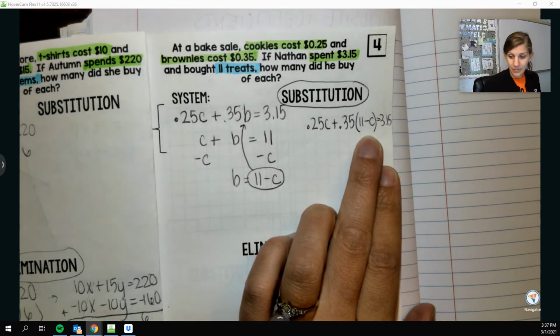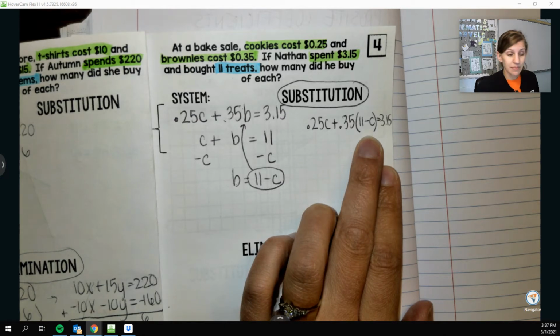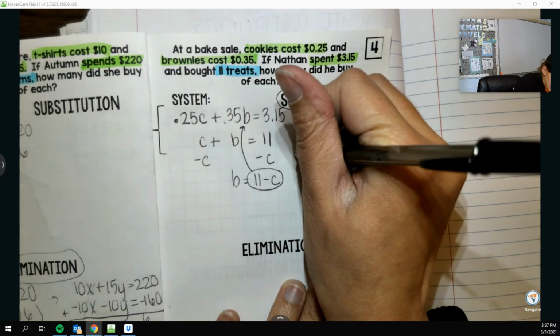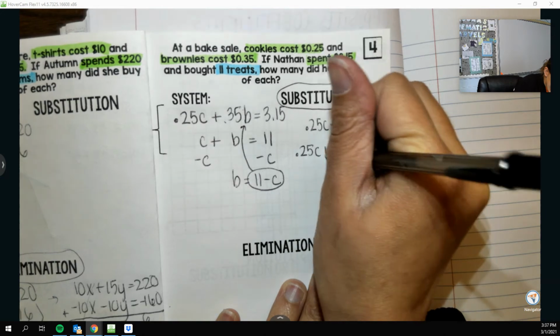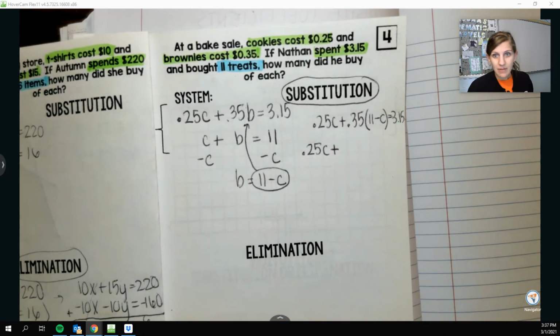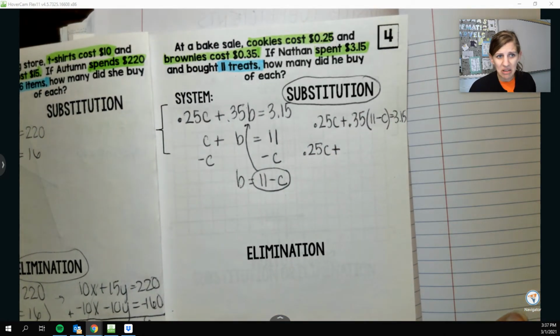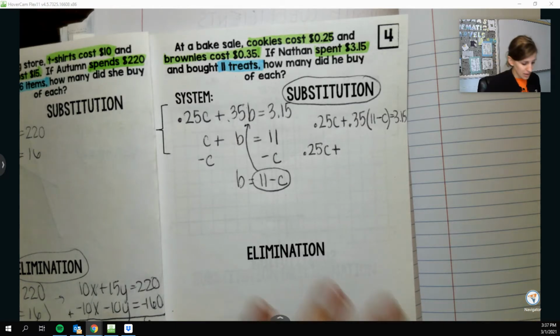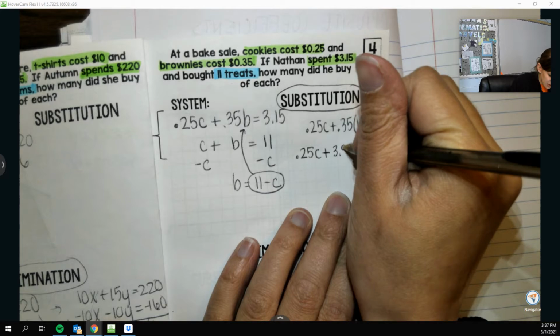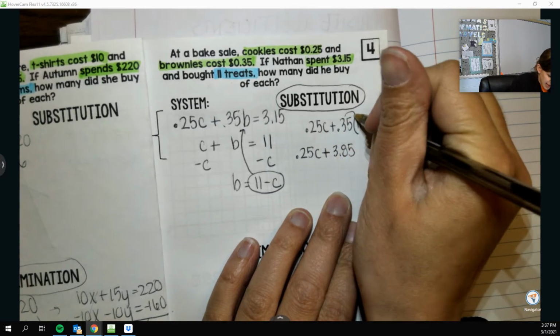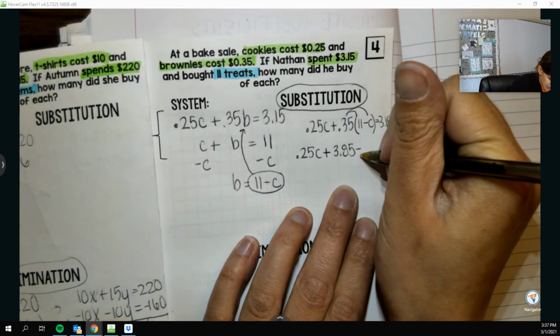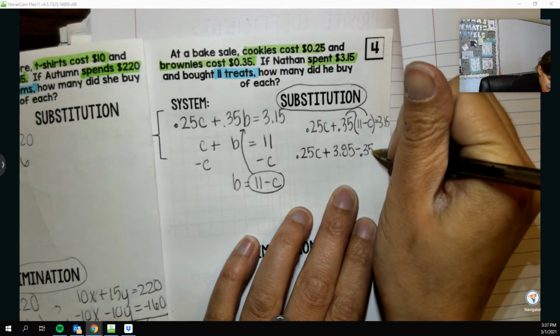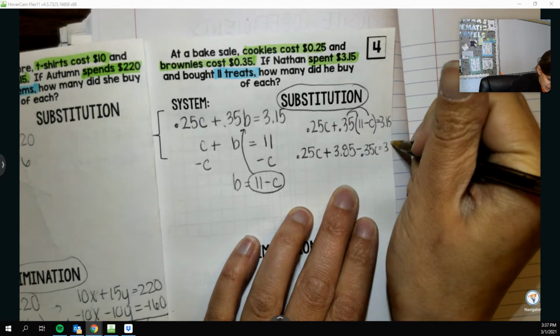Oh boy, I'm going to have to calculate again. So we'll have 0.25C, and then I have to distribute that 0.35 times 11, which equals $3.85. But then the 0.35 times negative C, that's fine. So minus 0.35C equals 3.15.